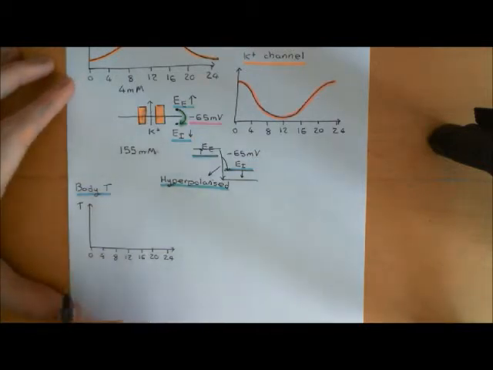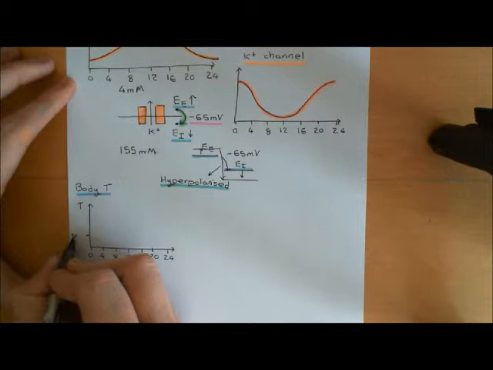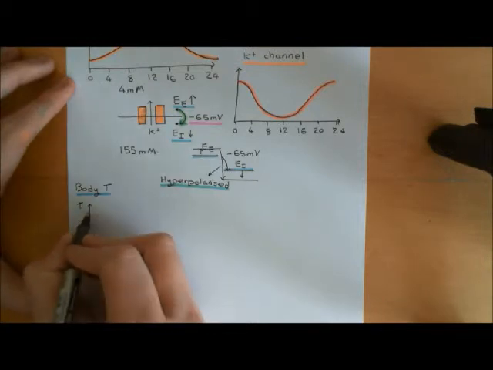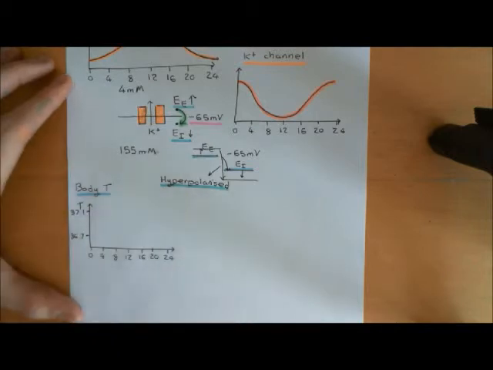Body temperature can vary between a low point of around 36.7 and up to a maximum of 37.1. So body temperature doesn't vary that much. It stays around 37, but at its minimum it can go down to 36.7, and at its maximum it can go up to 37.1.